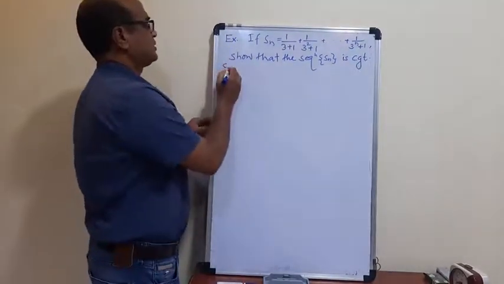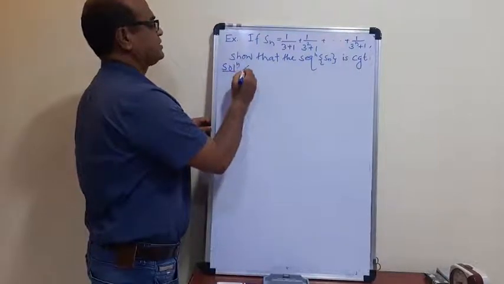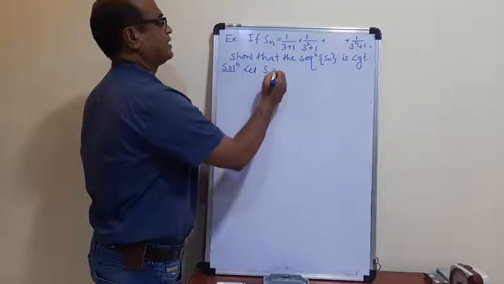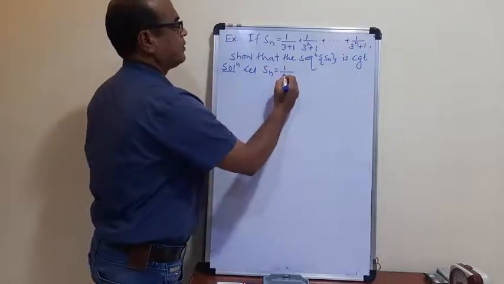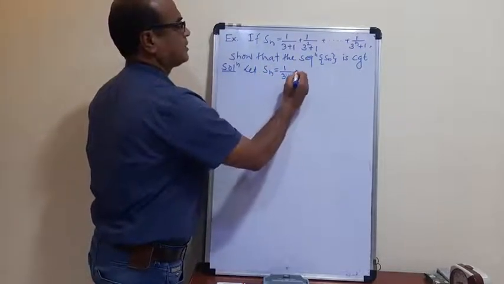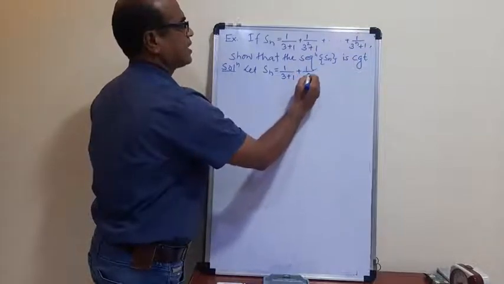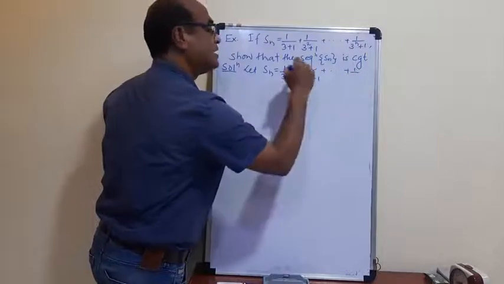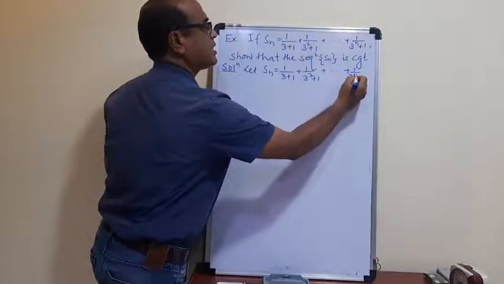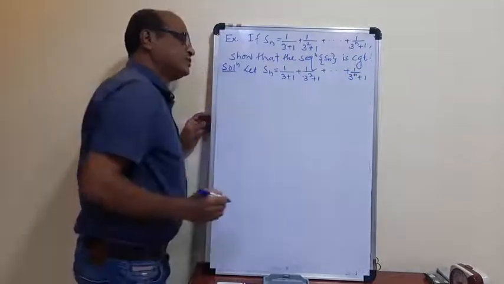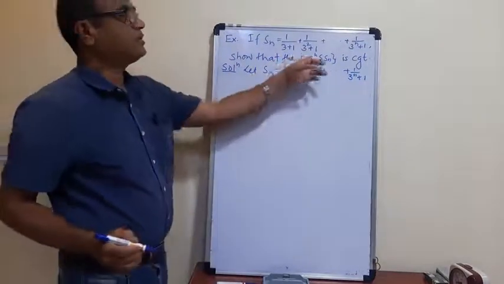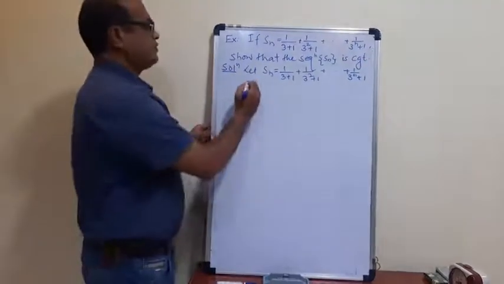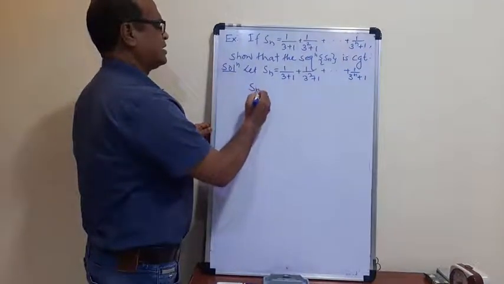So what is the solution? Let us consider the sequence. Let Sn be the nth term of the sequence: 1 upon 3 plus 1, 1 upon 3 square plus 1, and the nth term is 1 upon 3 raised to n plus 1. Now we find Sn plus 1.